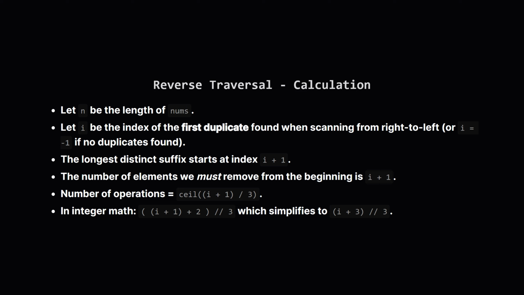A neat trick in integer division for ceiling of x divided by 3 is (x plus 2) divided by 3. So substituting x equals i plus 1, we get (i plus 1 plus 2) divided by 3, which simplifies to just (i plus 3) divided by 3. If we didn't find any duplicates, our stopping index i is effectively minus 1. Plugging that in, (minus 1 plus 3) divided by 3 equals 2 divided by 3, which is 0. 0 operations, which is correct for an already distinct array.